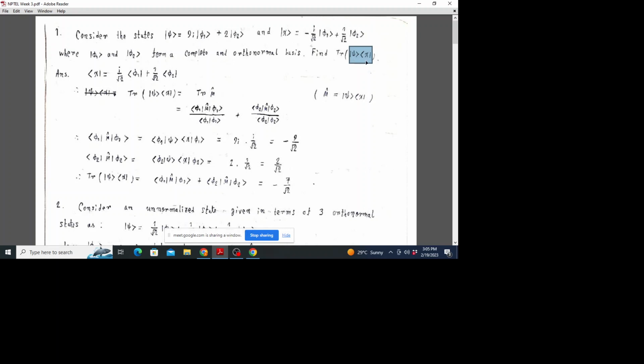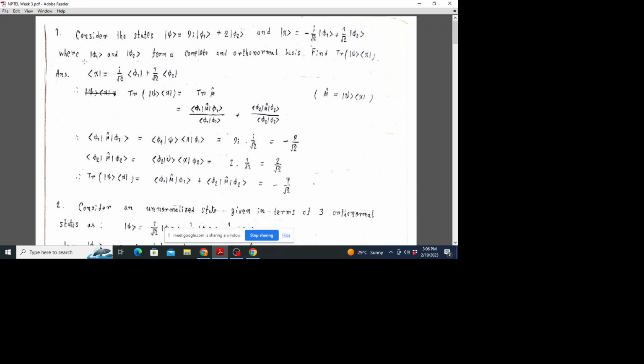This outer product is actually a square matrix, and we need to find the trace of that square matrix. Of course, the explicit representation of that matrix will depend on the basis we are using.